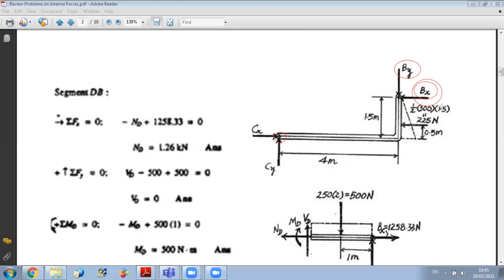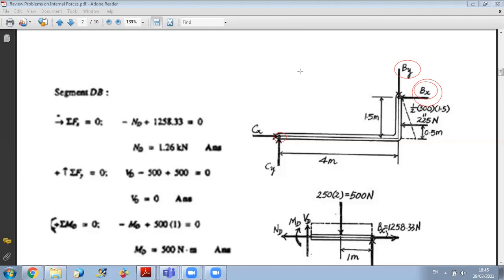So if they don't ask you in the problem to calculate external forces, you can try to just get the external reactions just enough for you to perform your calculation for internal forces and moments. So if possible, no need to calculate all reactions. You can reduce your calculations by proper selection, by saying that it's enough for me to know Bx and By.